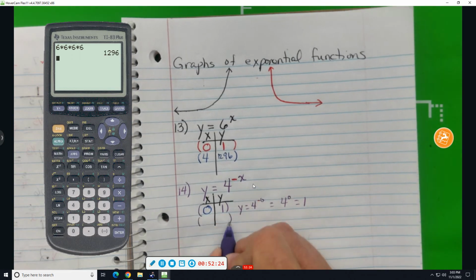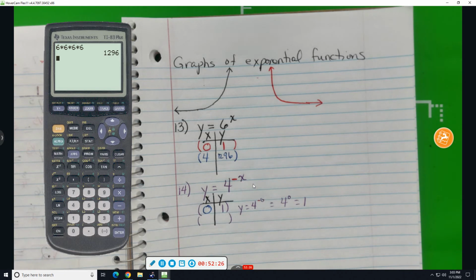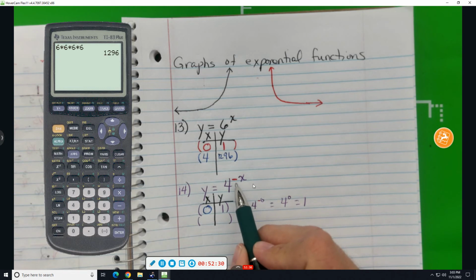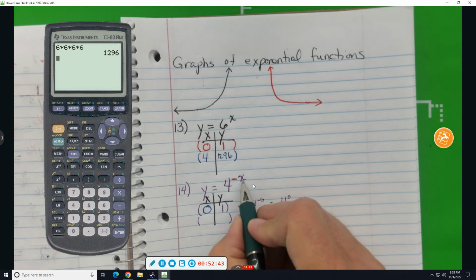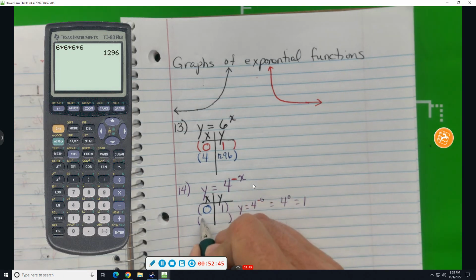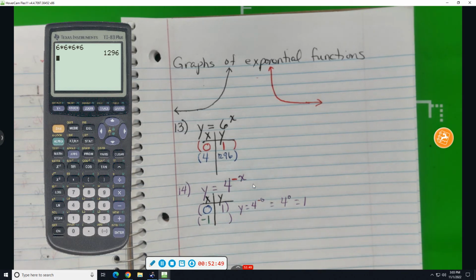Let's plug another number in for x. And I'm going to do something I don't normally do. The next number I'm going to plug in, I could either plug in a 1 or a negative 1 for x. I think it would work out easier if we plug in a negative 1 for x. Do y'all see why?